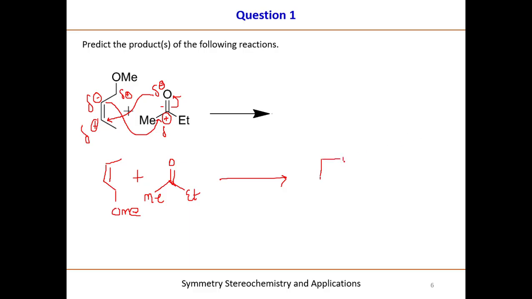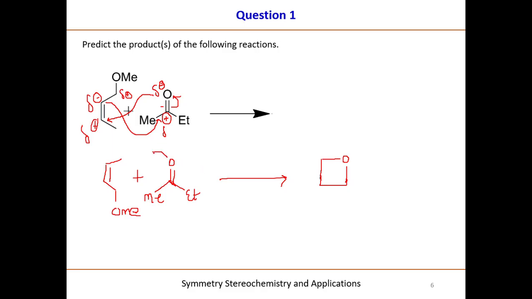I will draw oxygen here, then this way, and this is the 4-member cyclic ring. Now we will put the substituents on this ring. First of all, this pi bond is breaking, and 2 new sigma bonds are forming. This one and this one. Correct?